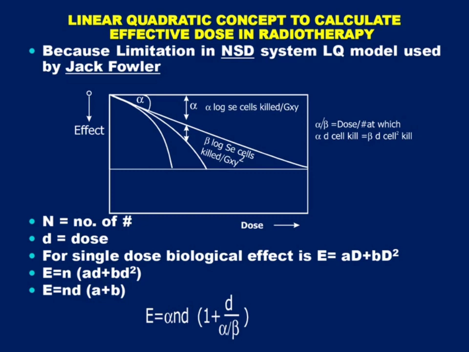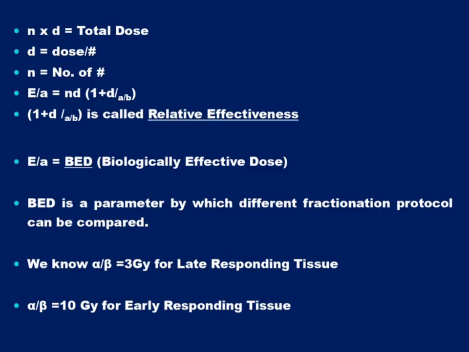And there is another entity, Tpot. Every tumor has a potential tumor doubling time. Tumors are divided into fast growing tumors, those with a potential tumor doubling time of less than 4 days, and slow growing tumors, those with a potential tumor doubling time of more than 4 days.